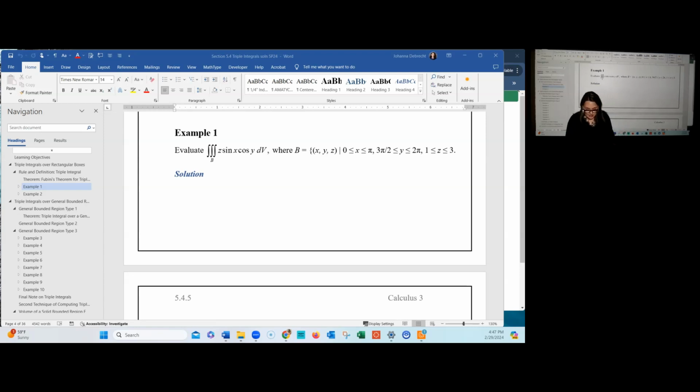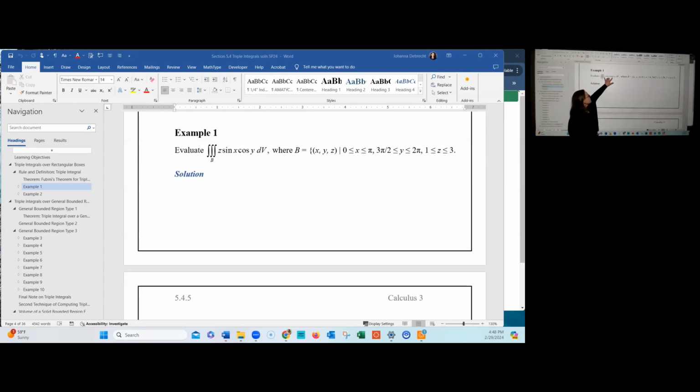In this case, because these are all constant limits of integration, it doesn't really matter much which order you do. You may, however, decide to integrate first with respect to the variable that you think is the easiest.